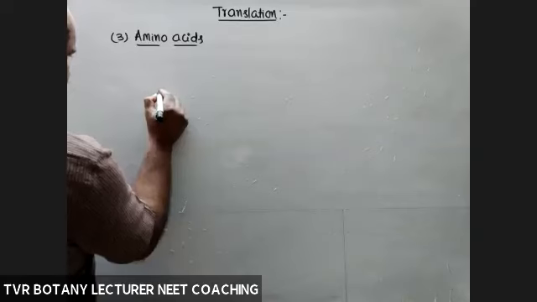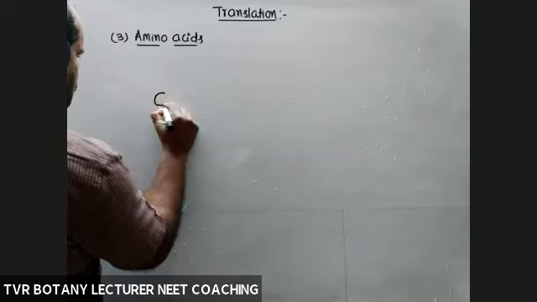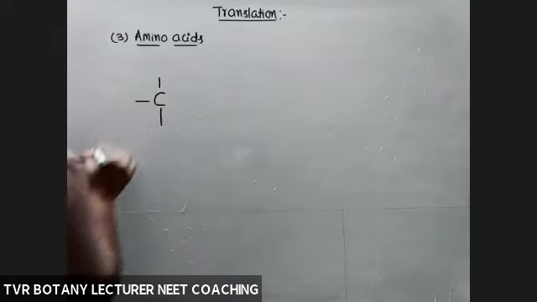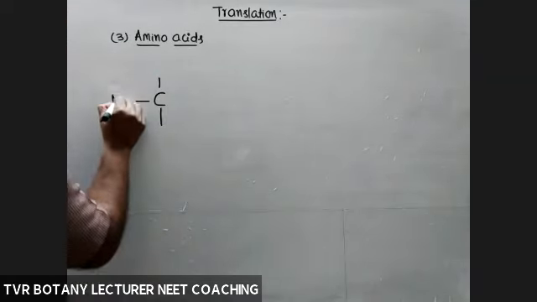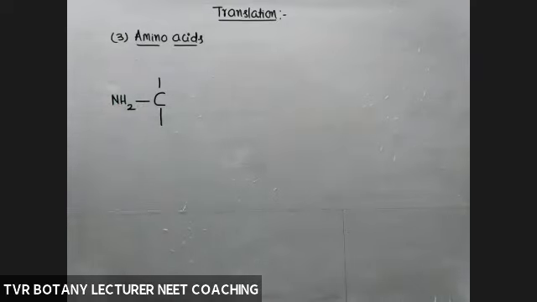So for example, this is amino acid 1. According to the first codon, that is AUG in the case of eukaryotes.